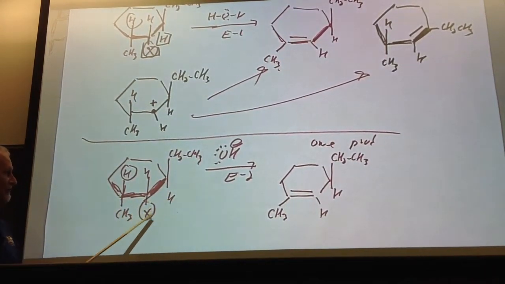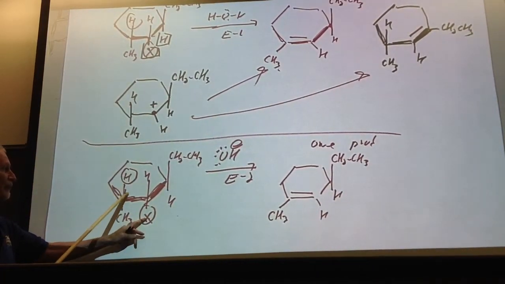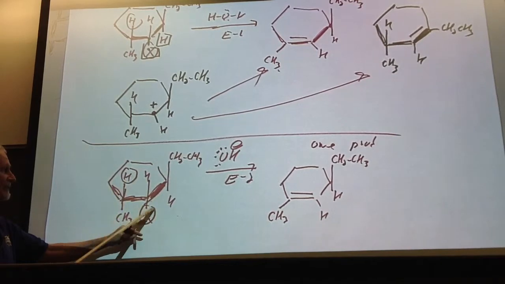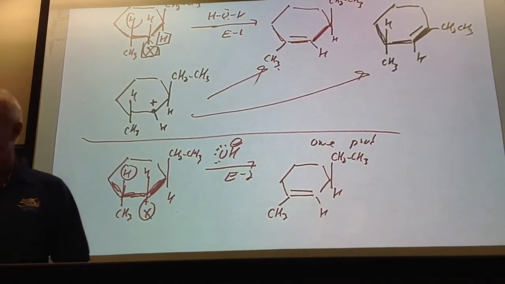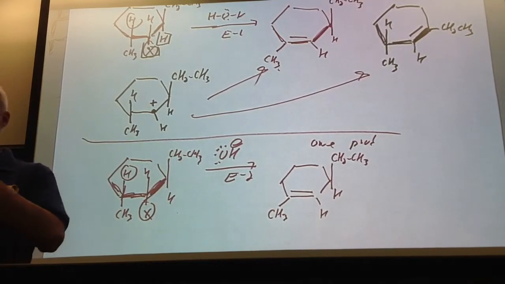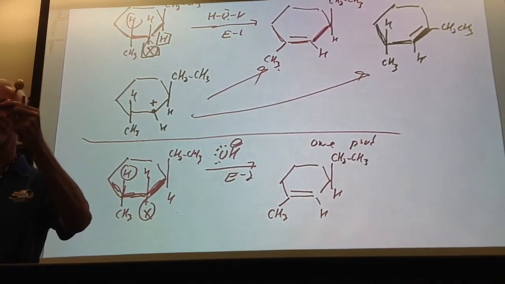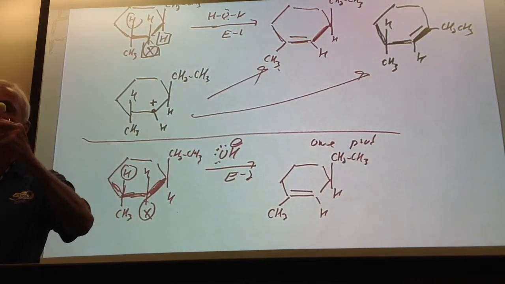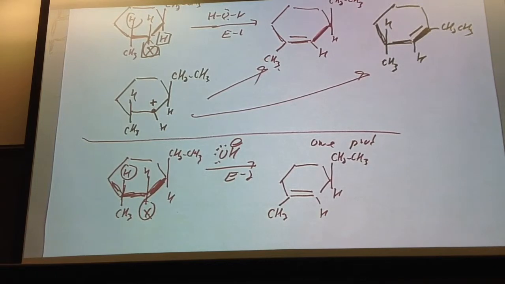For the E2 mechanism, though, the halogen that leaves and the hydrogen that leaves have to be pointed in opposite directions. With the ring, they're locked in. With a straight chain compound, doesn't matter how I draw it. If I draw it like this, don't worry, you can still get elimination, because this is free to spin. So that's something we learned about last week. I think that covers pretty much everything we got up to last week.